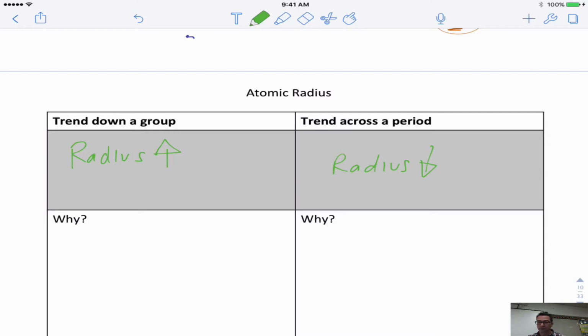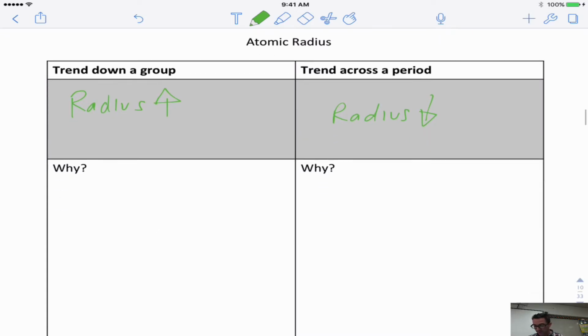Now going down a group, when we think about the terms that define an atom, the atomic structure terms, we ask, why does this increase going down a group? Well, it mainly has to do with this increased number of energy levels and an increased shielding. So if I were to give you an explanation as to why the radius increases down a group, you have more principal energy levels.